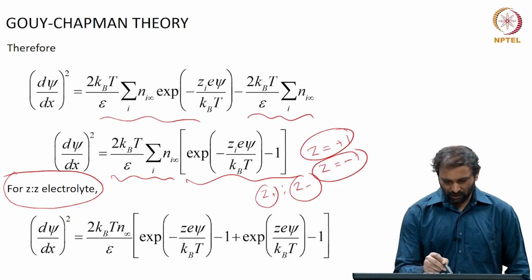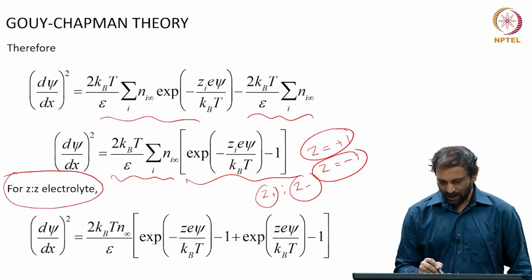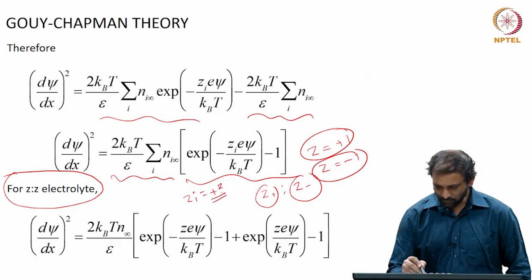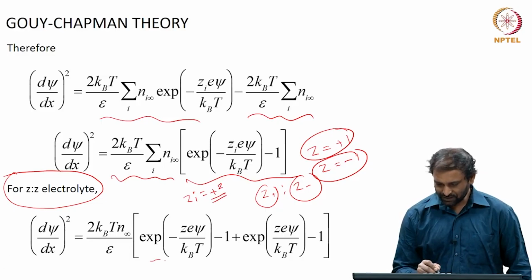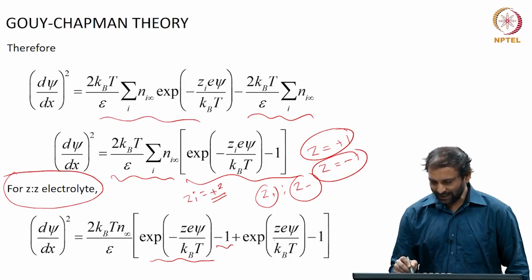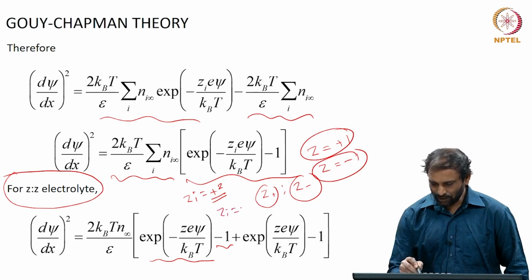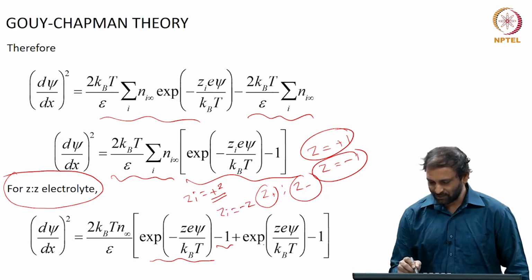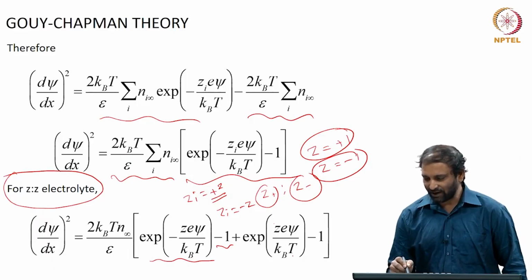Therefore, the first term remains the same, and if I substitute z_i as plus Z, the first term is going to be exponent of minus Zeψ divided by kBT, minus 1, and for the next term, if I substitute z_i to be minus Z, the next term becomes exponent of Zeψ divided by kBT.